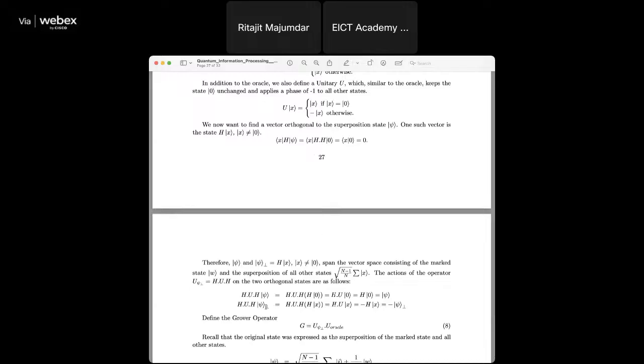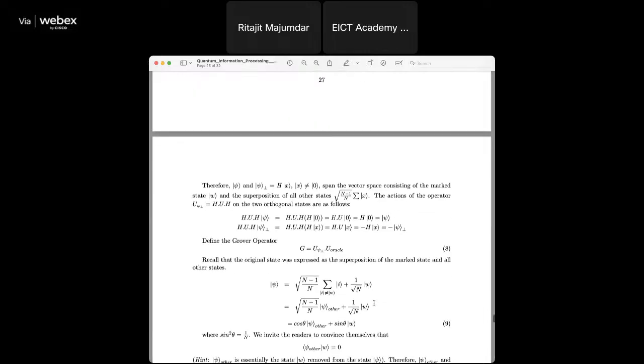So this psi perpendicular is H acting on x. Again, the two H's get cancelled out. Now HUx: what does U do to x if x is not 0? It makes it minus x. So we end up getting minus H of x, and let's call H of x psi orthogonal, because we know that x is orthogonal to 0. If x is not 0, since these are computational basis states, it needs to be orthogonal to 0.